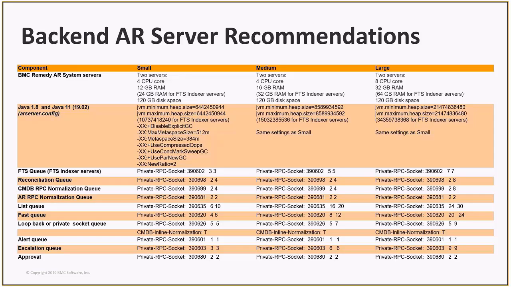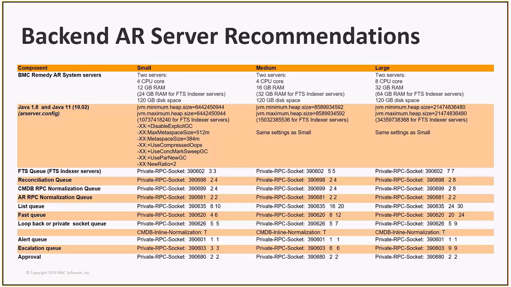Depending on your environment, for example if you're heavily using FTS in a SmartIT environment, you may well need more than 2 servers. A lot of this is just the basic recommendations, unless you have a better idea, and there will be some variables depending on each of your environments. Again, with the Java settings, make sure you're set appropriately with the sizes.